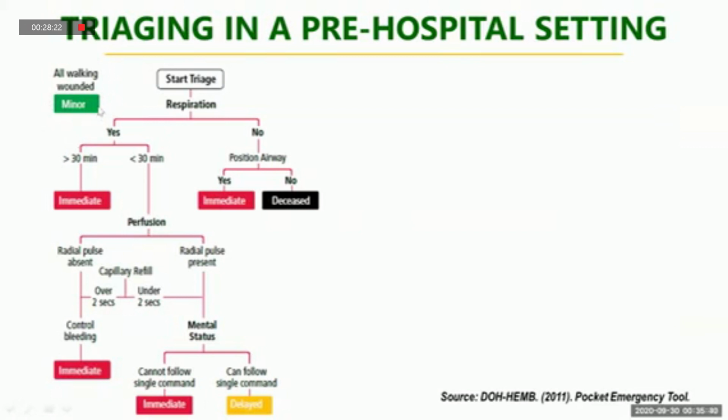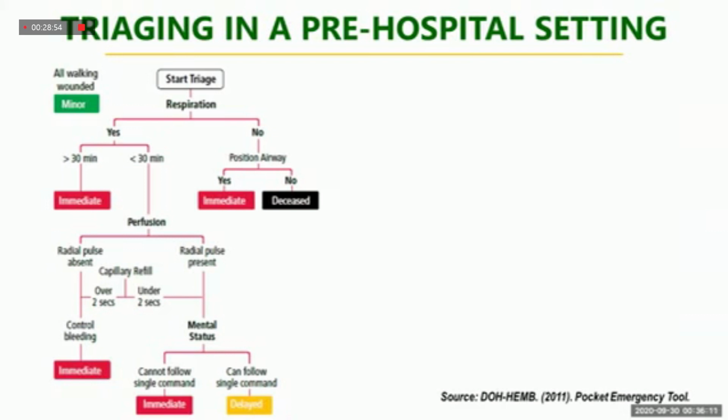In a mass casualty setting, you can just stand and shout. You can say that all those who can hear my voice, you can approach me, and then you can assist those victims who are walking or can walk by themselves, and they are those who are tagged as green.